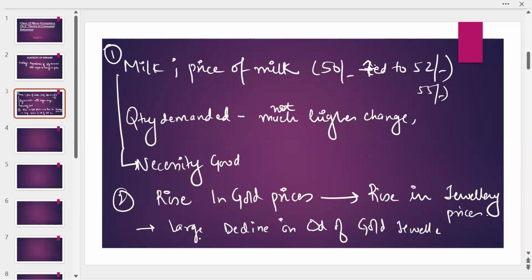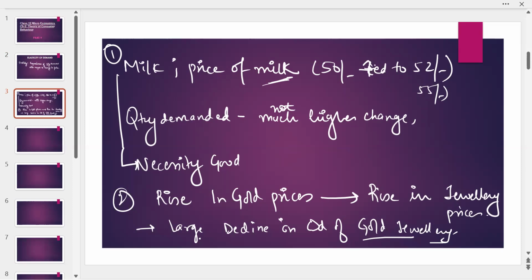Why so? Because people can live without gold jewelry. However, milk is considered a necessity, which they need every day. Gold jewelry, they need once in a while, whenever they go out for weddings, functions, or for an investment purpose also.